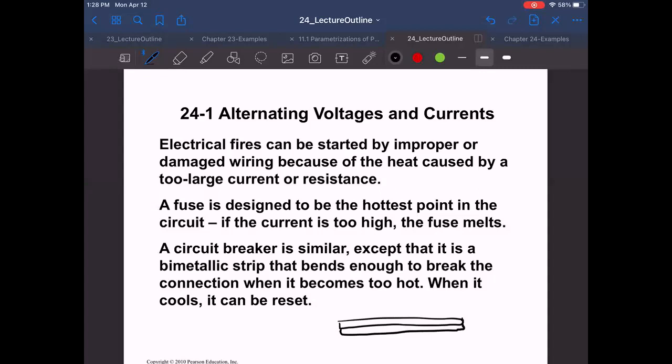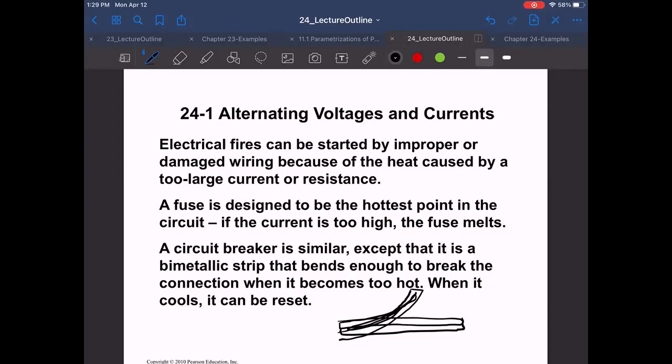So if the top one contracts more than the bottom one, the metal curls, because the inside of the circle is shorter than the outside of the circle. If it heats up and the outer one expands more than the other one, it curls. And so if too much current goes through, it'll curl off and break the circuit.